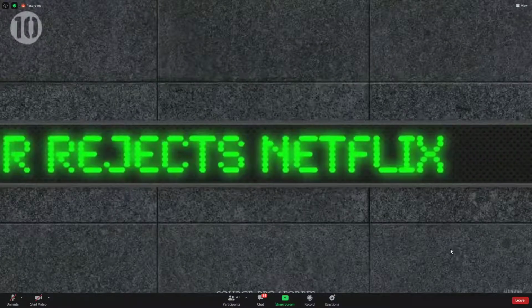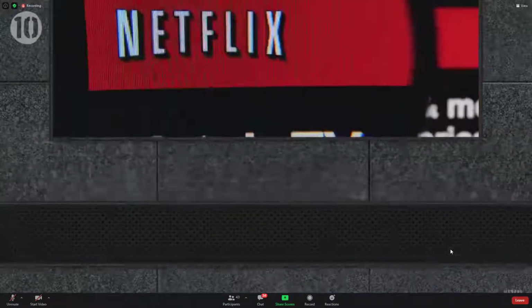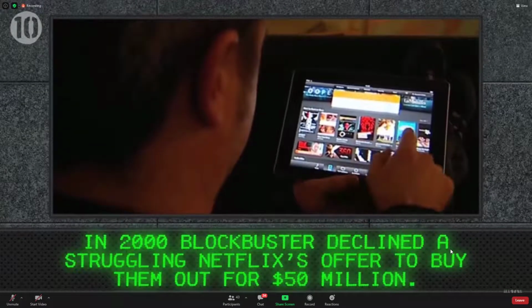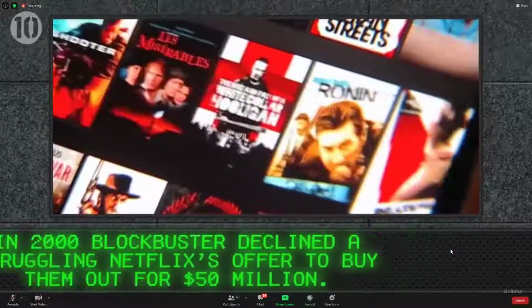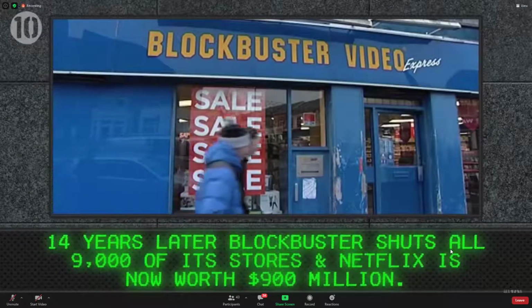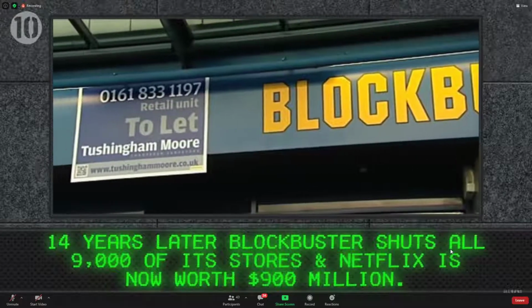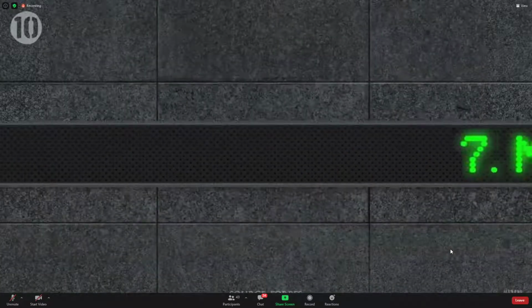Blockbuster projected in 20,000 Blockbuster declined, struggling Netflix after at 50 million. 15 years later, Blockbuster passed 9,000 stores, and Netflix was worth $100 million.